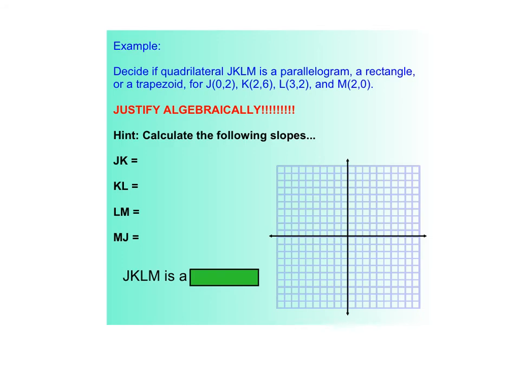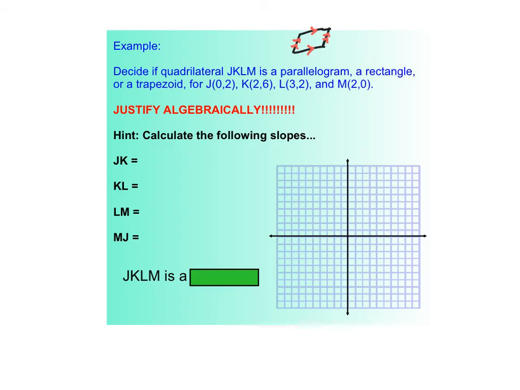Okay, we want to do the following. Decide if the quadrilateral JKLM is a parallelogram, a rectangle, or a trapezoid. So first we need to look at this idea of what a parallelogram really is. Okay, so a parallelogram is interesting in the way that its opposite sides are parallel.